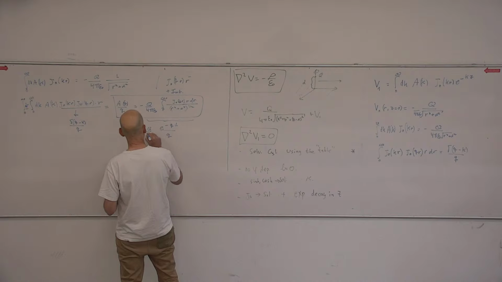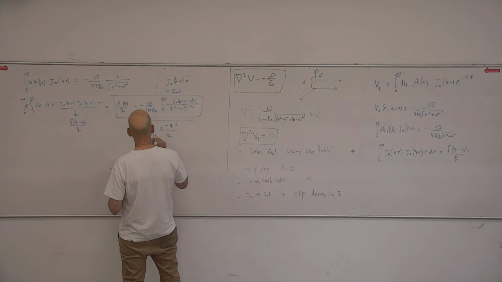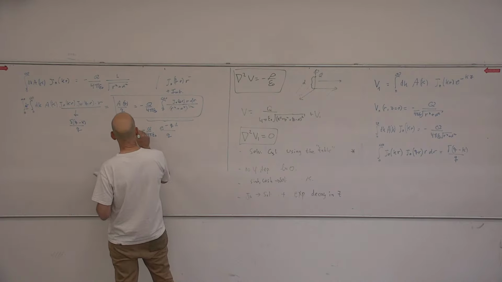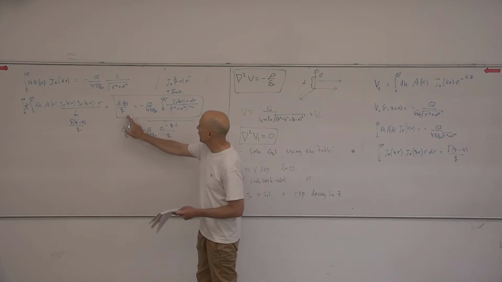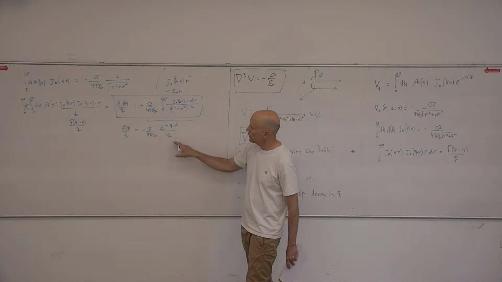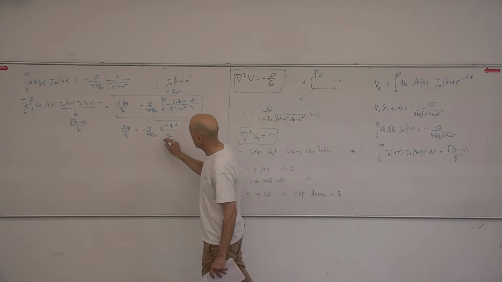We can add here 4 pi epsilon 0. So this q here and this q on the other side will vanish, and I got AK.